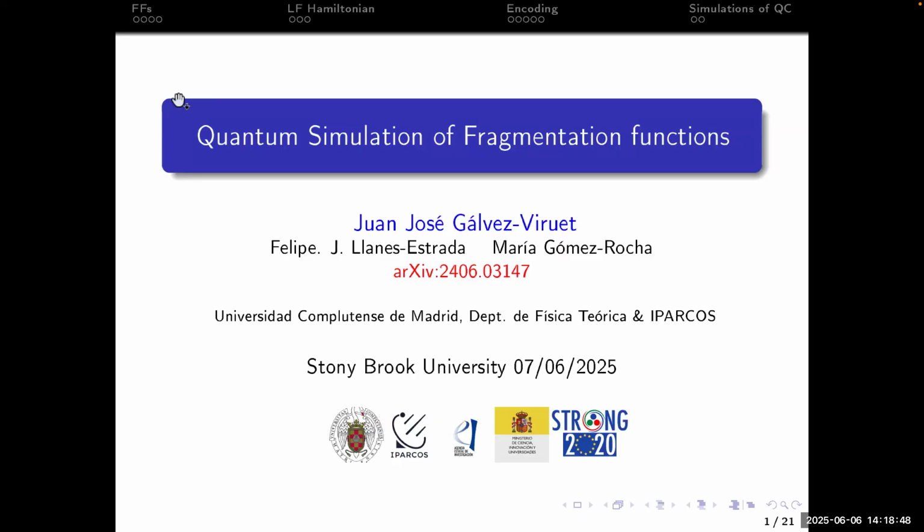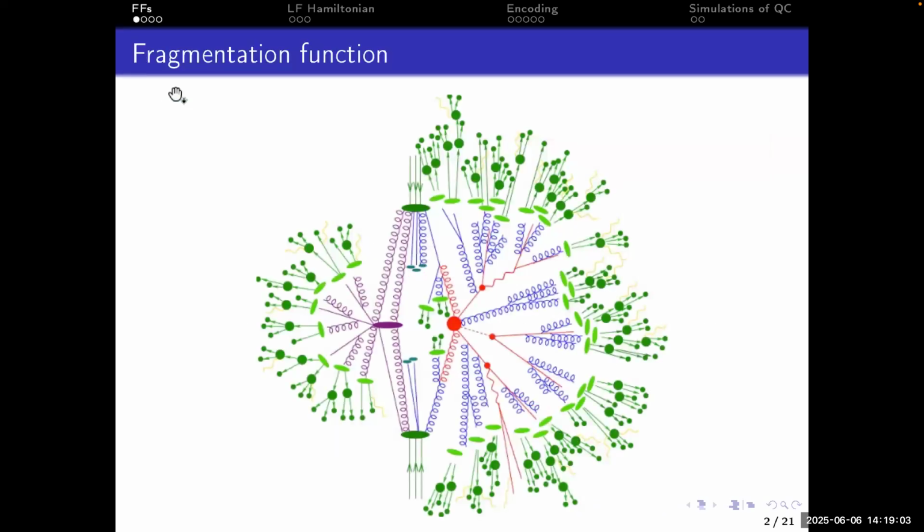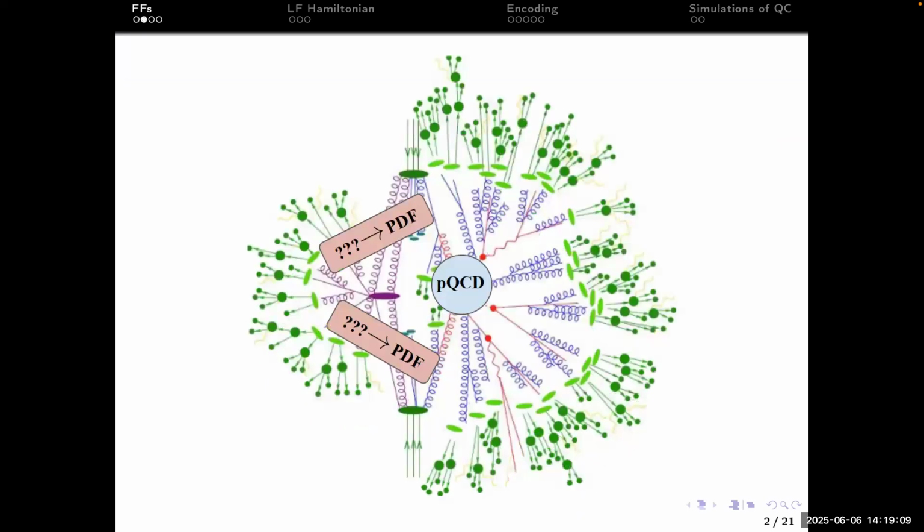Hello, everyone. My name is Juan Jose, and I will talk to you a bit about my PhD work with quantum computers and trying to simulate, among other things, fragmentation functions. Okay, so this is a general scattering event, and it can be divided roughly into 3 areas.